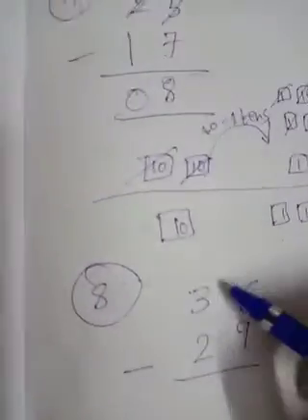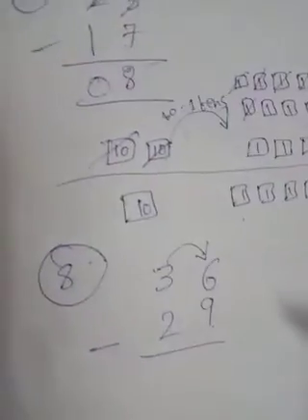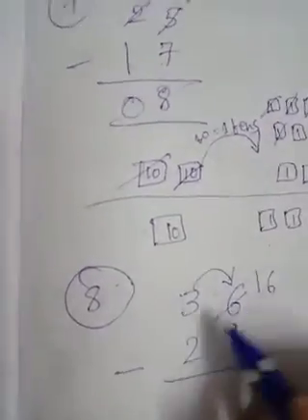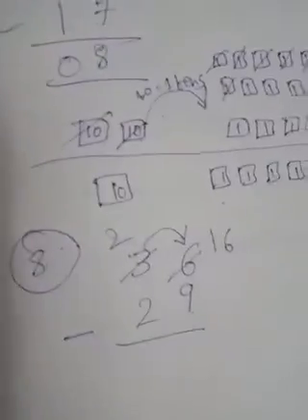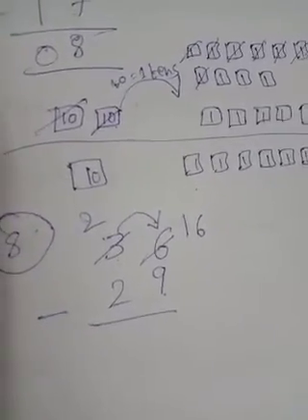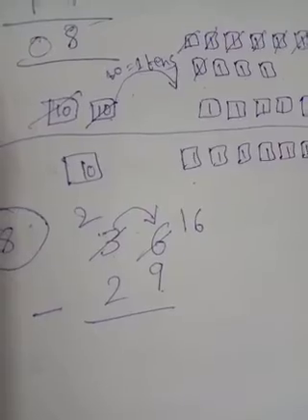Not possible. So here we take borrow. 6 becomes 16, 3 becomes 2. So now we'll do 16 minus 9.